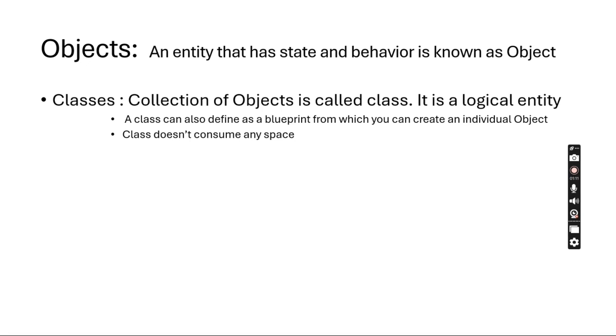Dog can bark, dog can eat, those are the behavior, and dog has four legs, two eyes, and a color. These are the state. So an object consists of two things: state and behavior.